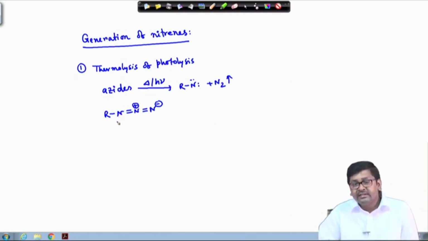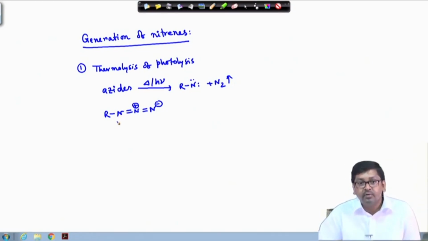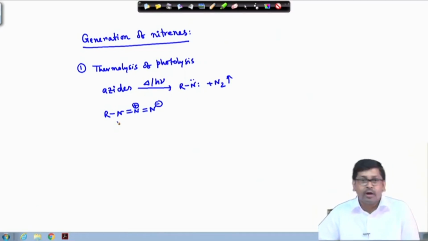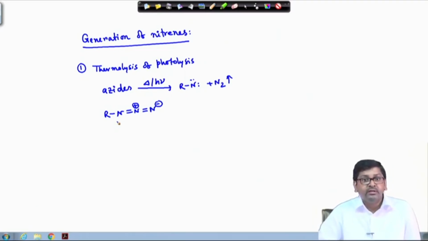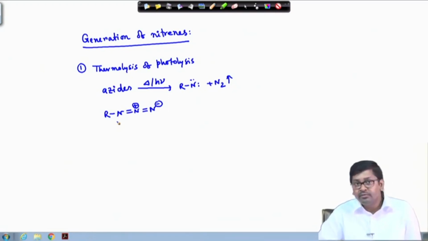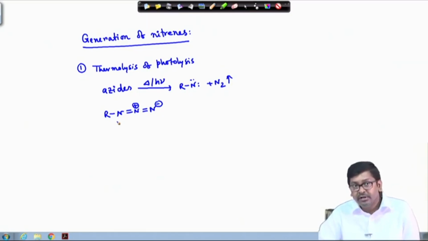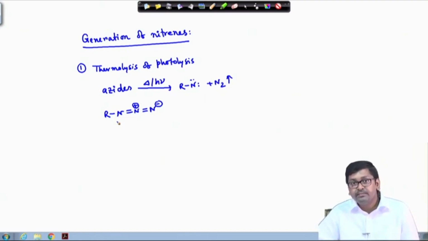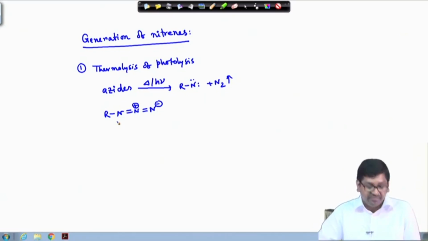Azides can be nicely synthesized starting from alkyl halides, mostly bromides, chlorides or iodides, with sodium azide as the azide source. If we simply use it, this will directly give the corresponding alkyl or aryl azides. That could be a nice precursor for the generation of nitrene.